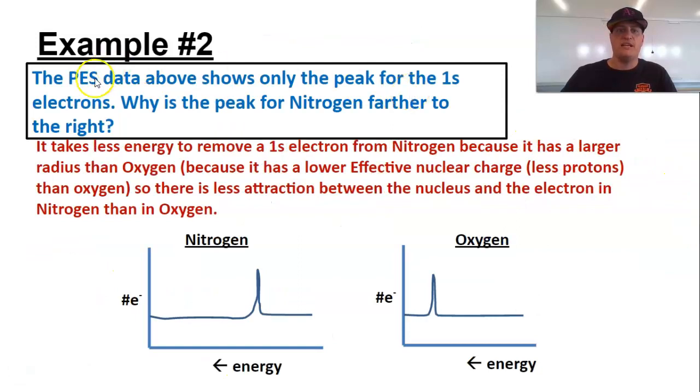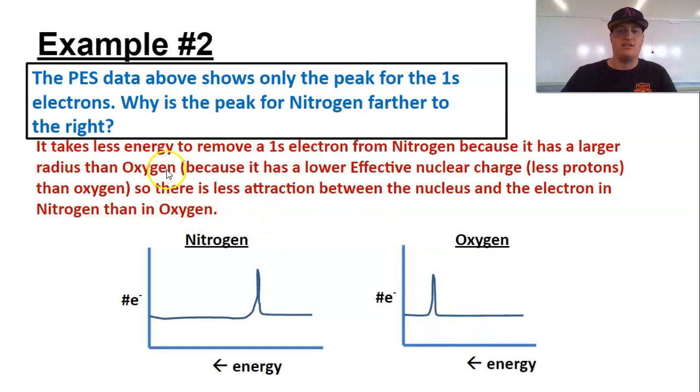Now, example 2, you got PES data that shows only the peak for the 1s electrons. Why is the peak for nitrogen further to the right? So nitrogen, oxygen, right? Nitrogen has 7 protons, oxygen has 8. So this is just looking at the 1s electrons, the ones closest to the nucleus. Well, oxygen has a higher number of protons, therefore higher effective charge.